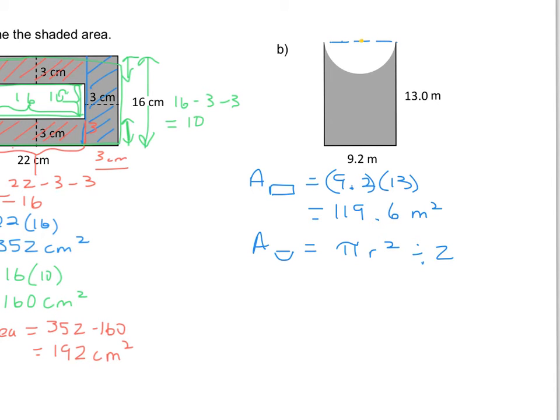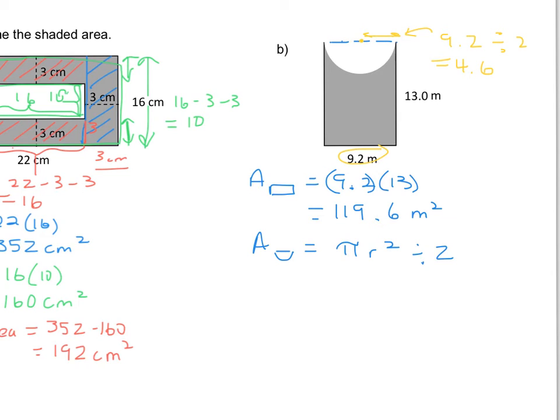Remember, the radius goes from the center to the outside. It's that length right here. It would be half of the entire length across, which is the 9.2. So we're going to take 9.2 and cut it in half, or divide it by 2. And that would give me a 4.6.